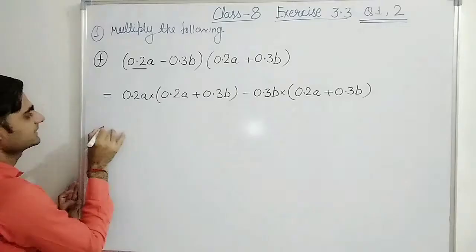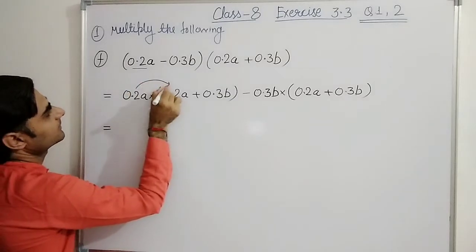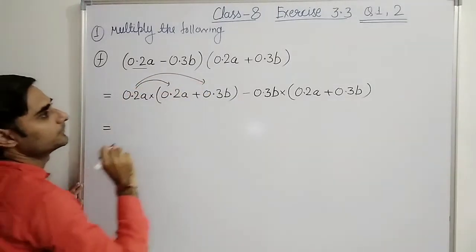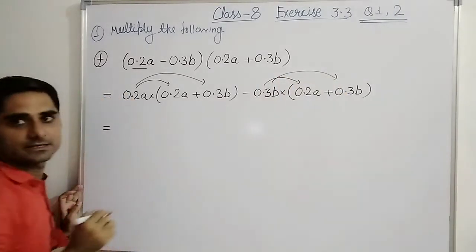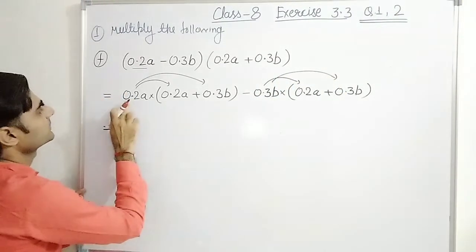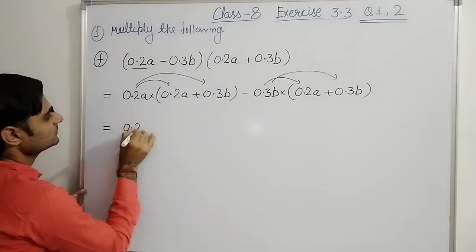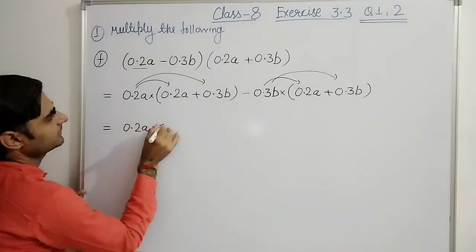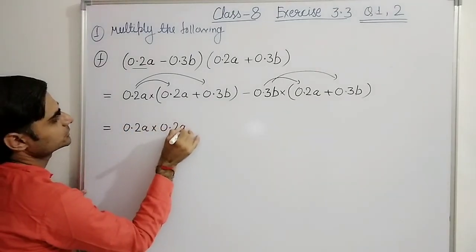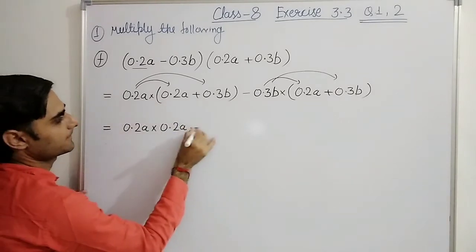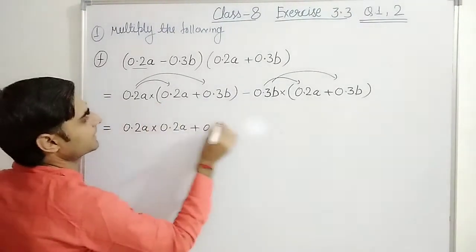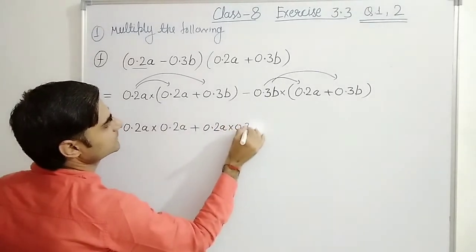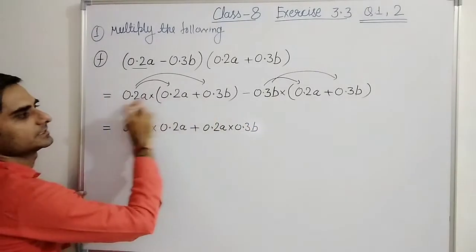How to multiply? See, this again multiplies by them separately, and this will be here separately. Okay, so how? 0.2a multiplied by 0.2a, correct, plus 0.2a multiplied by 0.3b, this one.